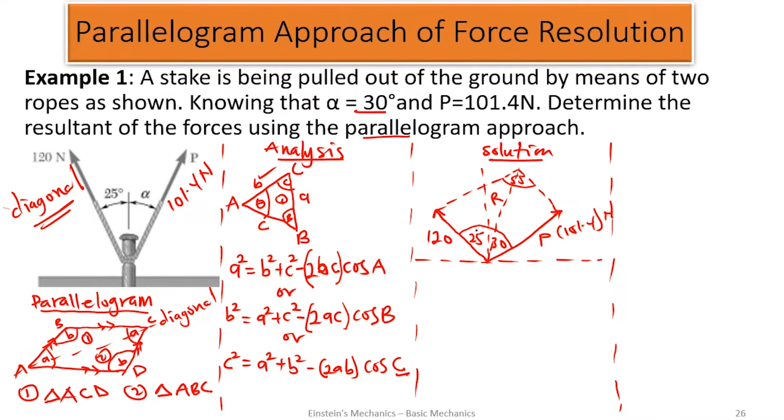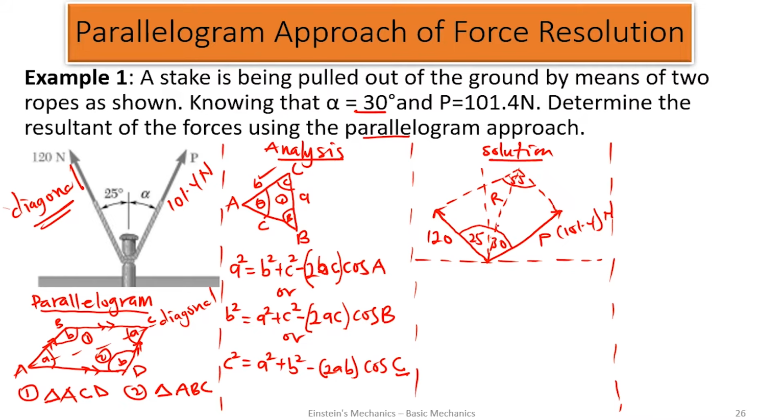Are we good? We saw that opposite angles are equal. So 25 plus 30 will be 55, so this is equal to that. And we have the angle given.